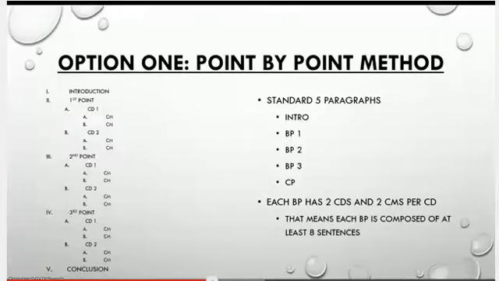Right? And that means you have a topic sentence, your concrete detail, 2 commentary, another concrete detail, 2 more commentary, and then a concluding sentence. Sometimes your paragraphs may be a little bit longer because you're being a little bit more thorough with your explanations, but it should certainly never be less than 8 sentences.